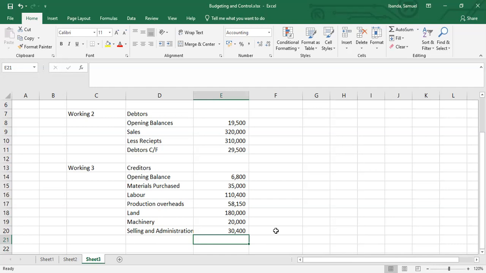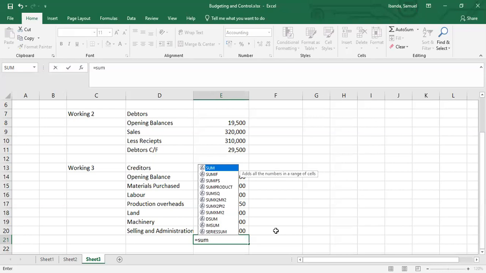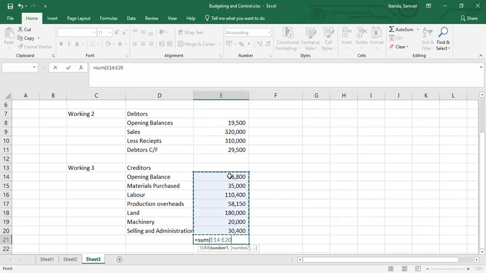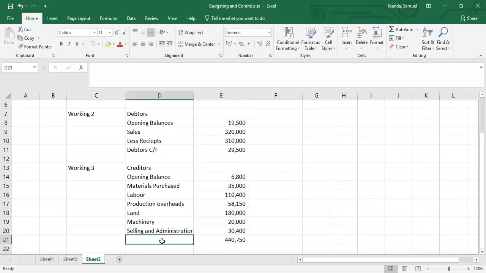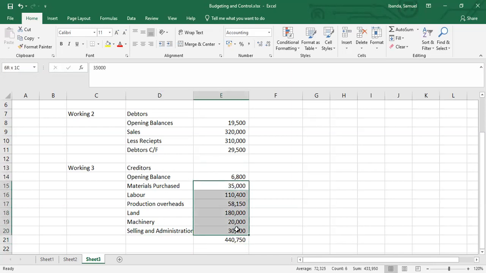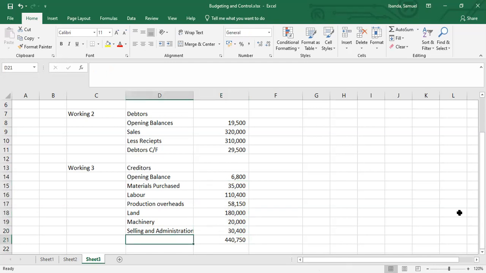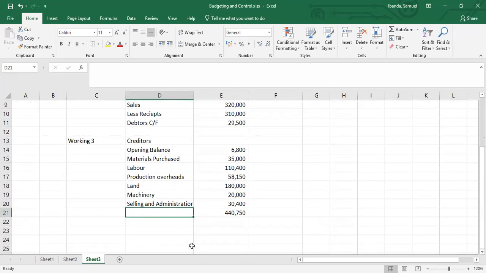So all this, if I'm to get the summation of this, will give me, of course, the opening balance of creditors plus whatever you've purchased. So gives us the creditors that we're starting at.